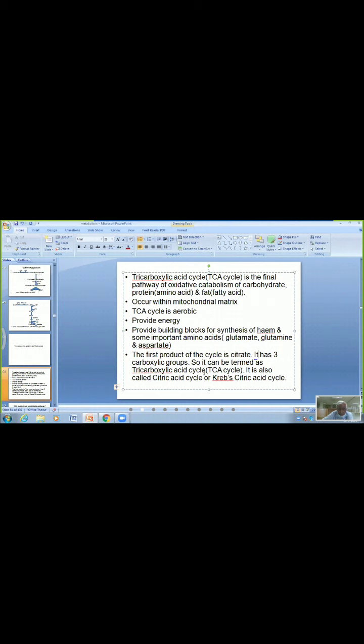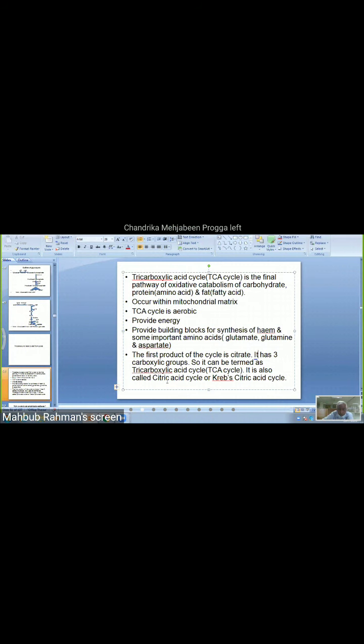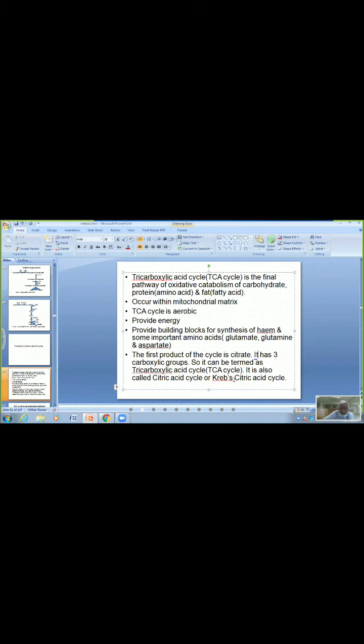It can also be termed simply as the citric acid cycle, or the Krebs citric acid cycle according to its discoverer. Mr. Krebs discovered two important cycles: one is the citric acid cycle, another is the urea cycle. So if you say Krebs cycle, it has a dubious meaning.